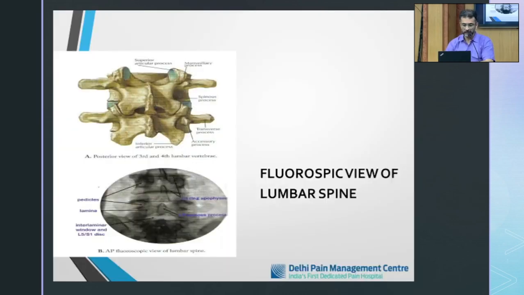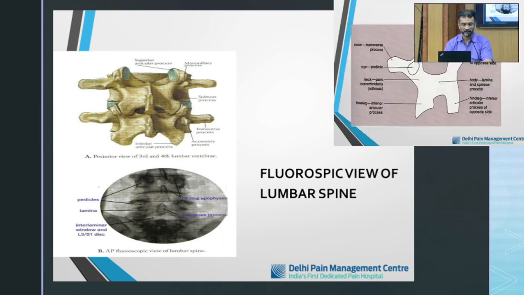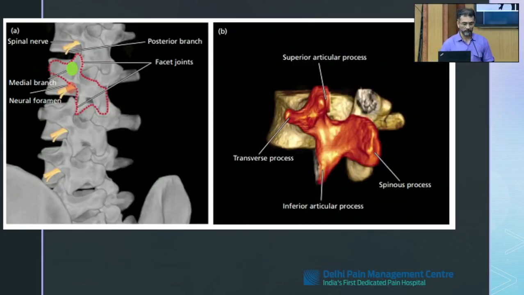Squaring we have discussed. So this is a lumbar spine and this is the famous Scotty dog. Not a big fan, but yeah, there you get the images. Now this is an oblique image where you can see the entire Scotty dog. So this is the pedicle. Below the pedicle is the position of your foramen.